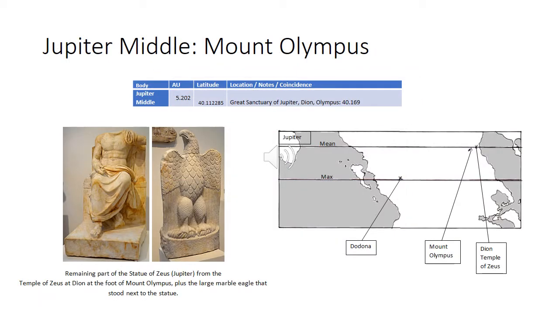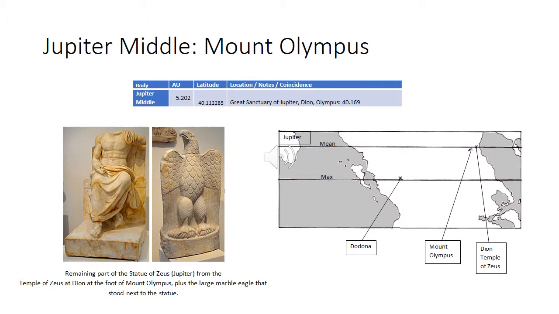And we move on to look at Jupiter, and we can see the maximum Jupiter orbit distance that goes very close to the site of Dodona, which ancient sources very explicitly identify as a site sacred to Jupiter, or the Greek name Zeus.